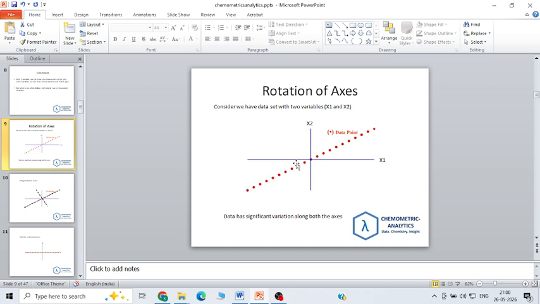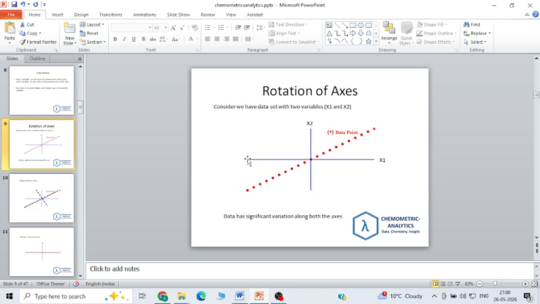For that, I take a very simple two-variable data set, which is basically x1 and x2. If you look, you have a significant variation of this set of data along the x1 axis.